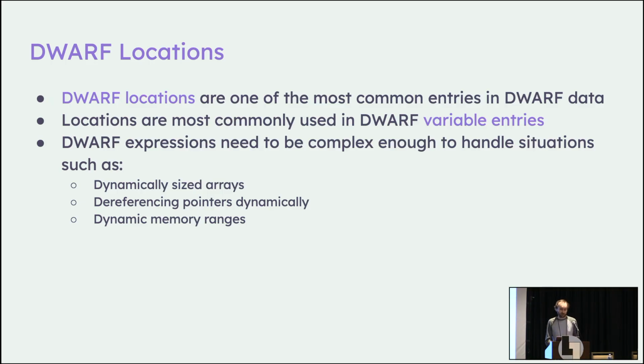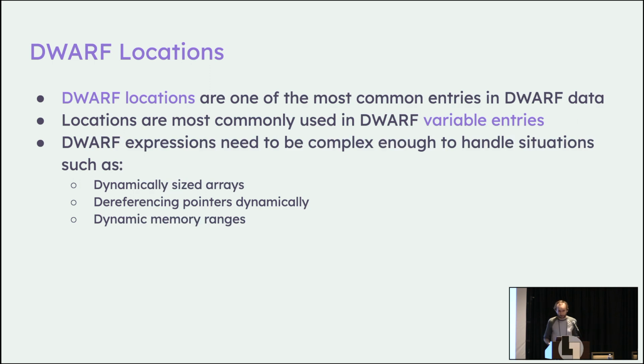DWARF locations are one of the more common entries you'll see in DWARF data, and they are in turn usually used by what are called DWARF variable entries. If you're talking about, say, a global variable being located at a certain address, in DWARF data that is implemented through a DWARF location, which is itself a DWARF expression.